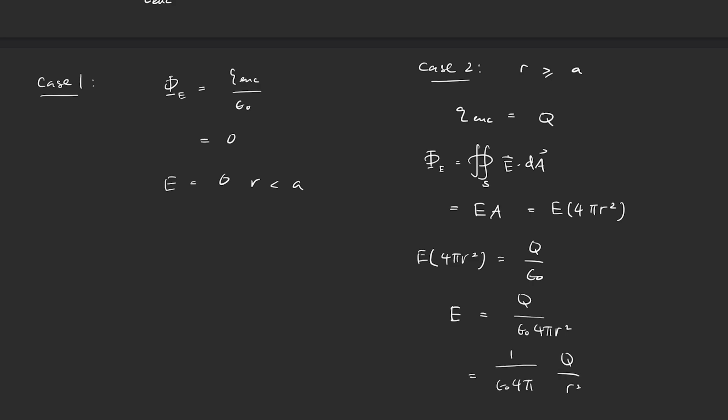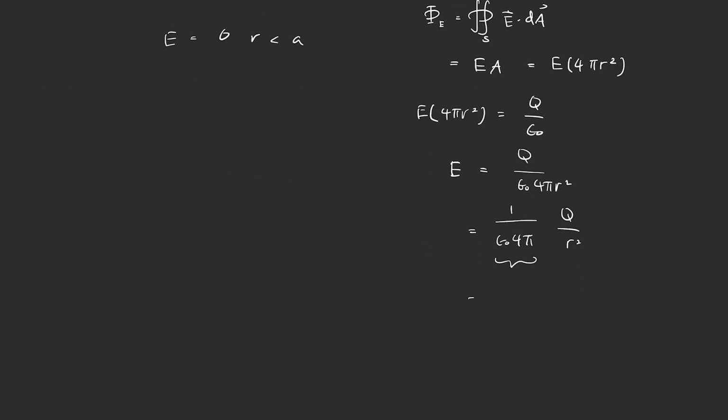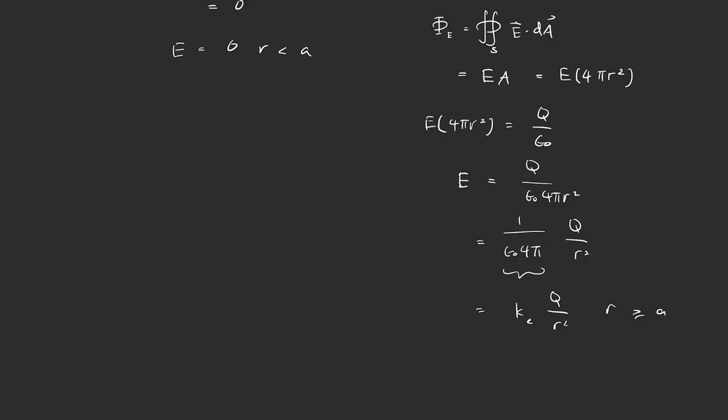And this prefactor is actually a constant, which is known as K. This is our expression for the electric field of the Gaussian surface that encloses the spherical shell, such that r is greater than or equal to a.